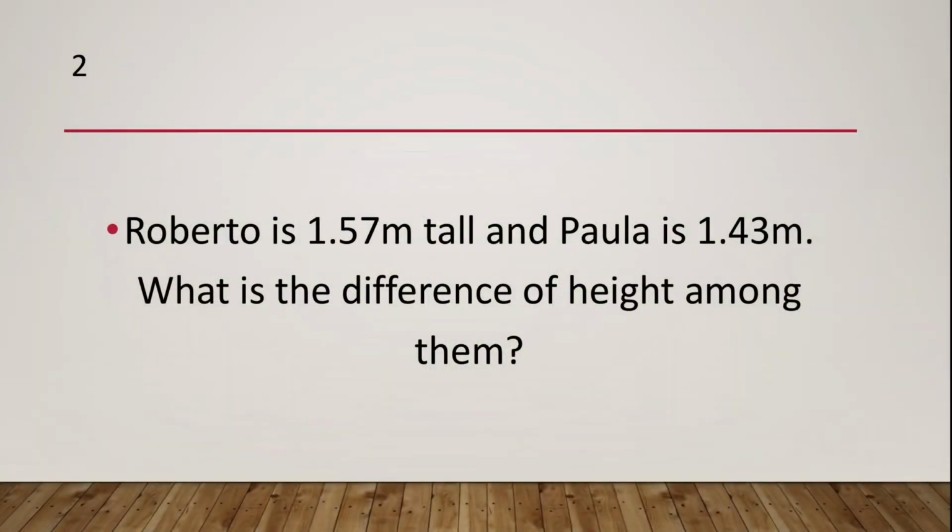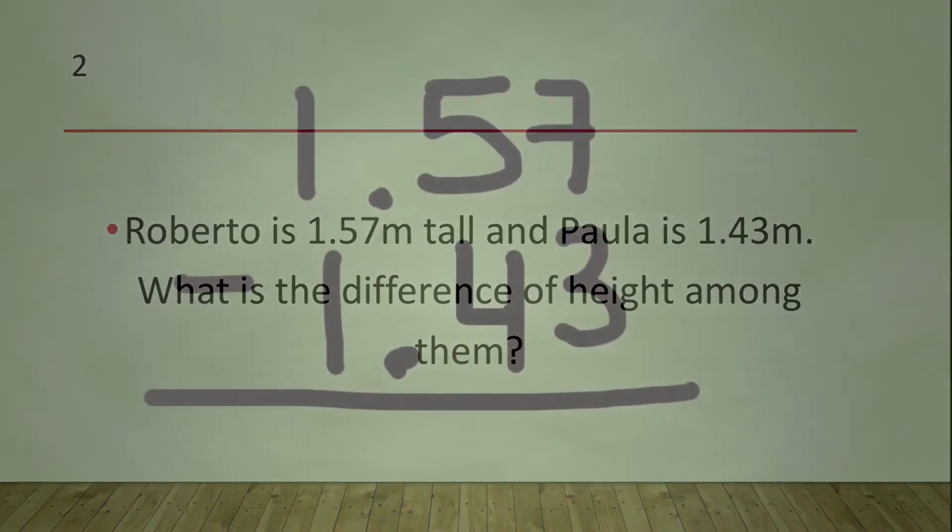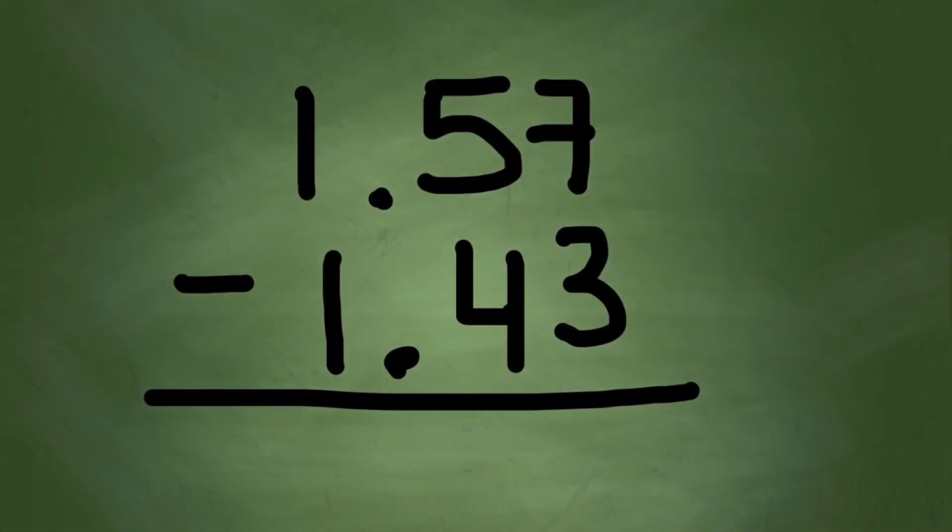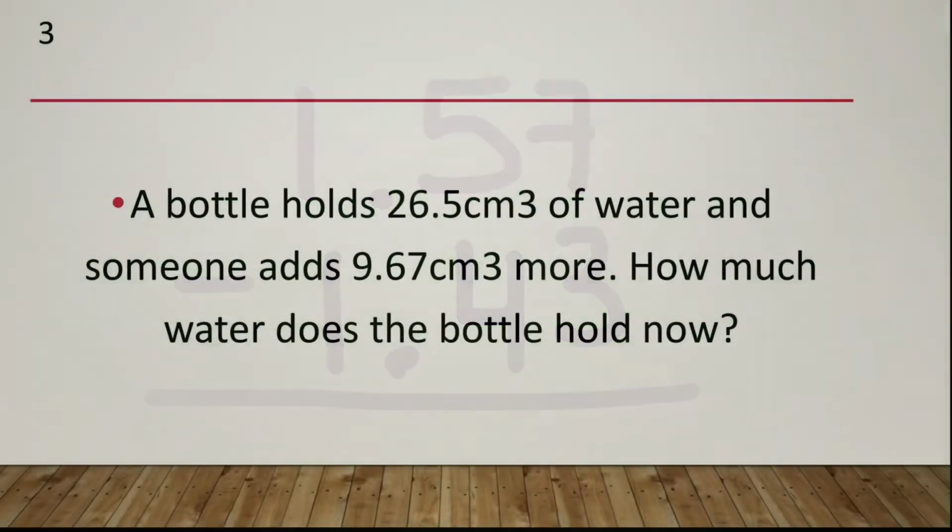Roberto is 1.57 meters tall and Paula is 1.43 meters. What is the difference of height among them? A bottle holds 26.5 cubic centimeters of water and someone adds 9.67 cubic centimeters more. How much water does the bottle hold now?